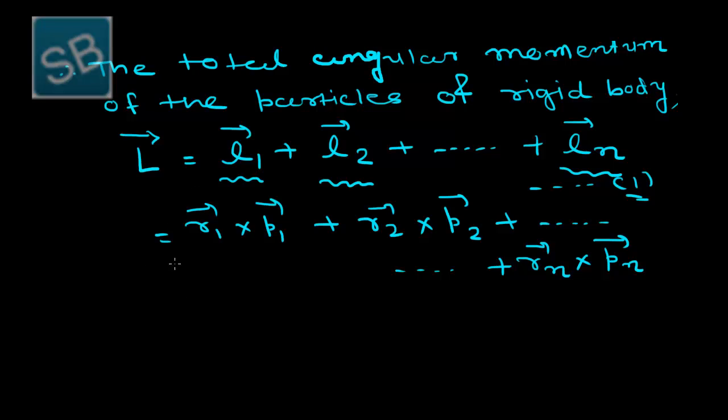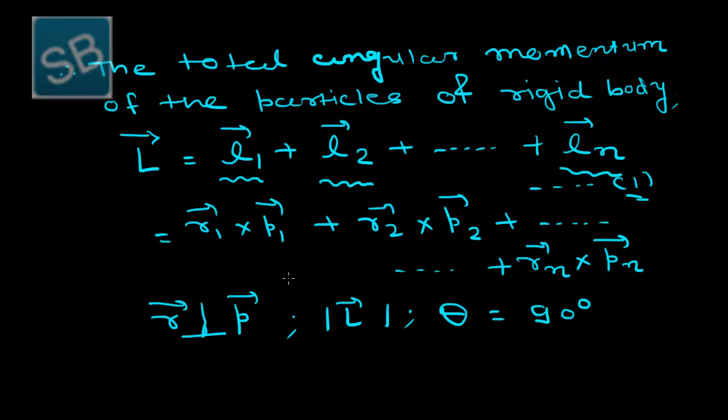Now, here the vector R and vector P are mutually perpendicular, so I can write R perpendicular to P. So the angle between R and P will be 90 degrees, and sine 90 is 1. So I can easily write down the magnitude of L.